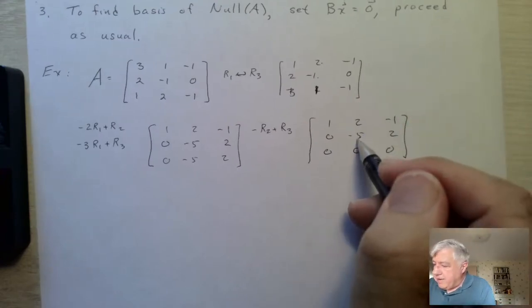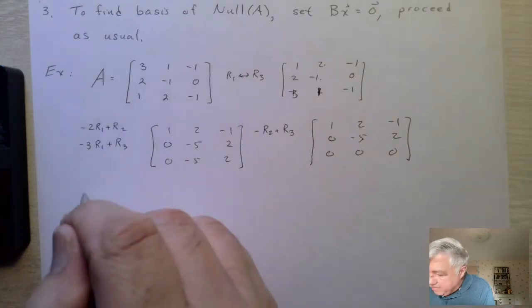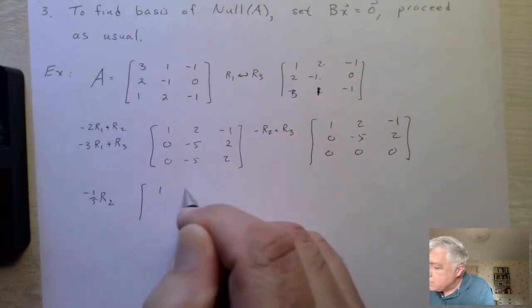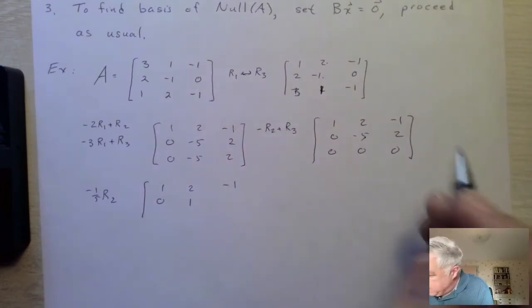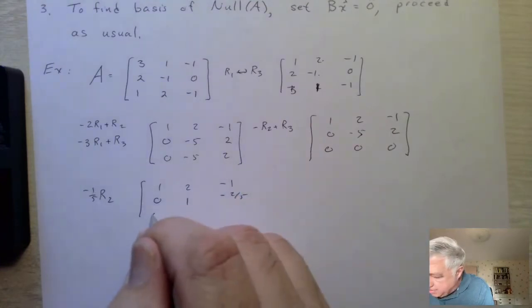And we'd like to make this entry a 1, so we'll multiply this row by -1/5. So we get 0, 1, -2/5, and then 0, 0, 0.